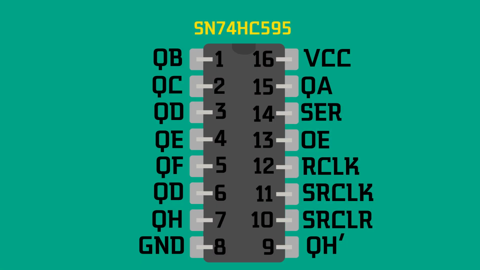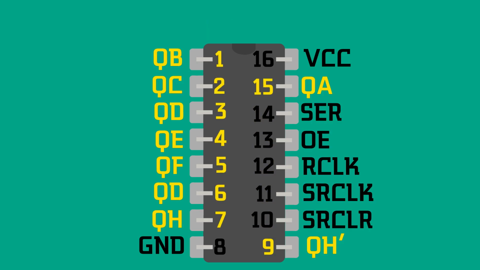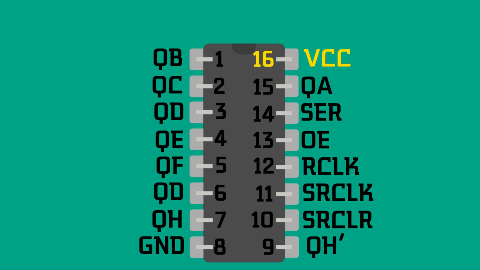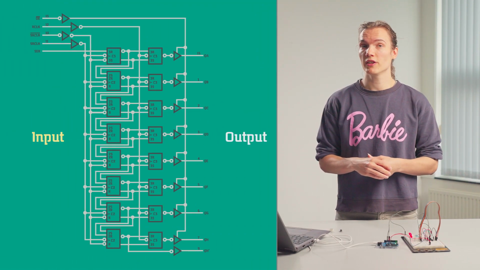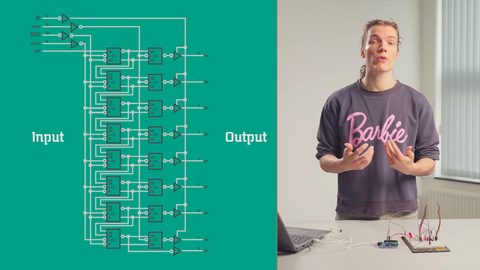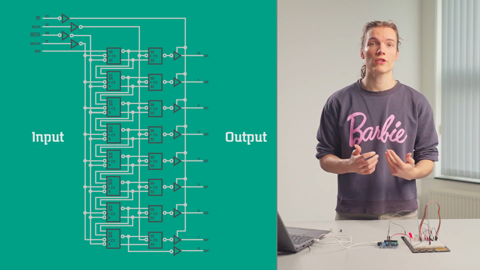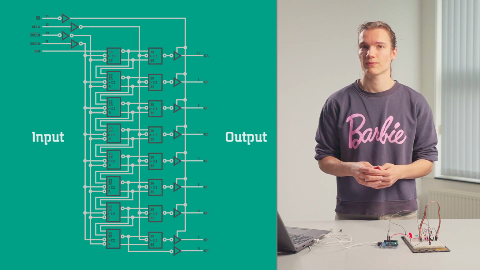In the datasheet, we can see that the SN74HC595 has 5 digital inputs, 9 digital outputs, a pin for the supply voltage, which is the VCC pin, and a ground pin. The digital block diagram of the datasheet shows that the inputs are related to the outputs according to a combination of logic gates and flip-flops with clocks. For instance, you can see the NOT gate and many flip-flops with clocks.